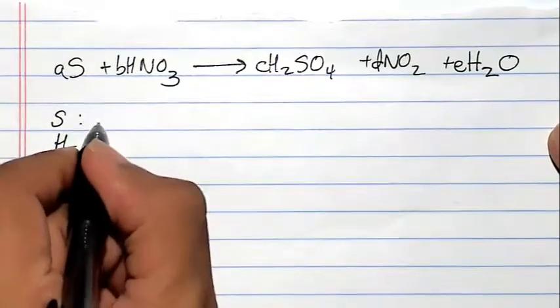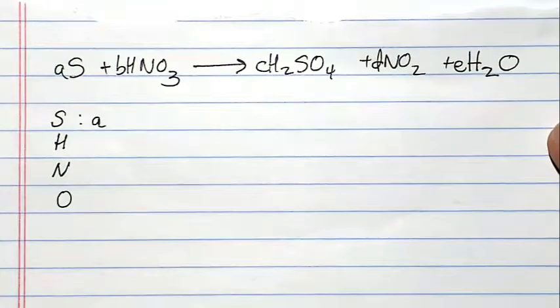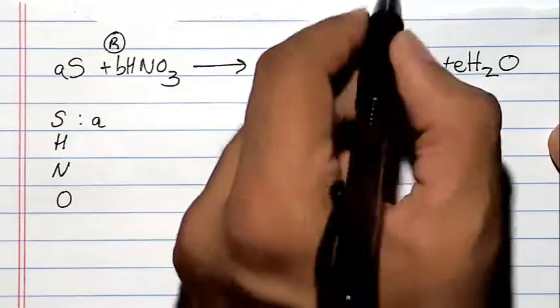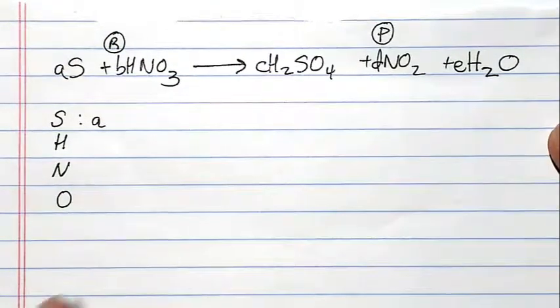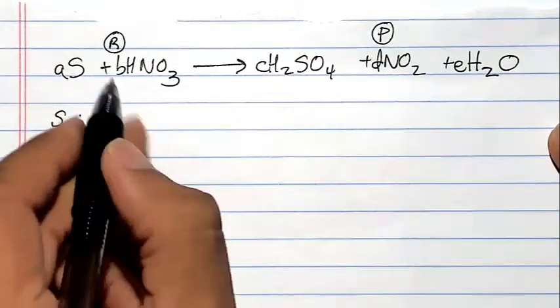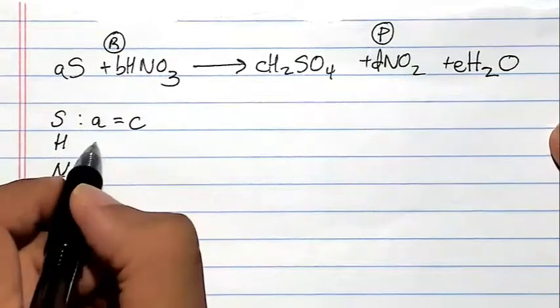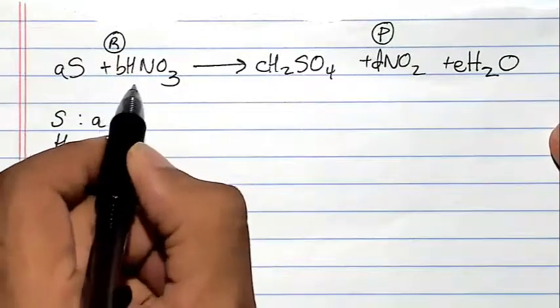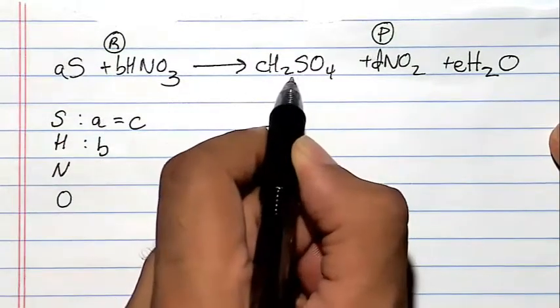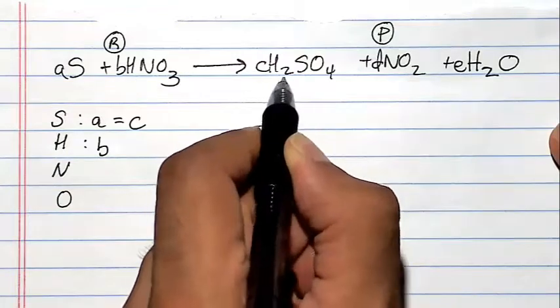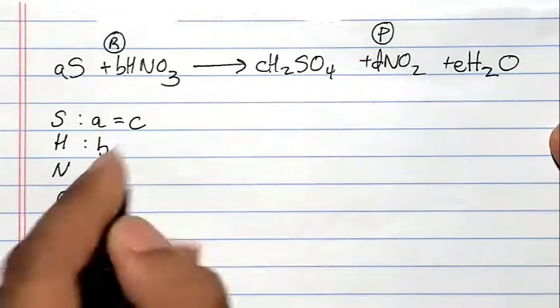Sulfur is A in our reactant side. What is sulfur in our product side? Sulfur is C. So A equals C. What is hydrogen in our reactant side? B. What is hydrogen in our product side? 2C plus 2E.